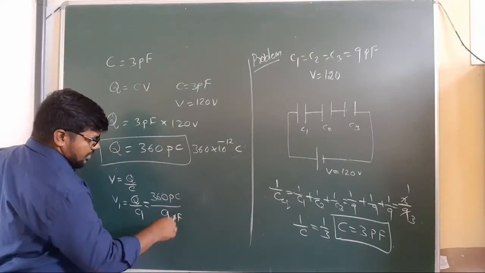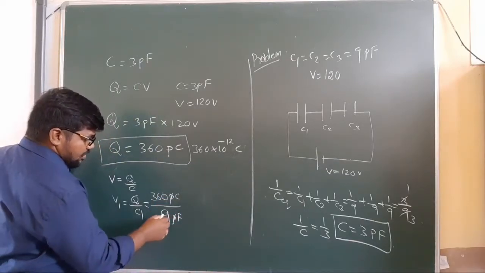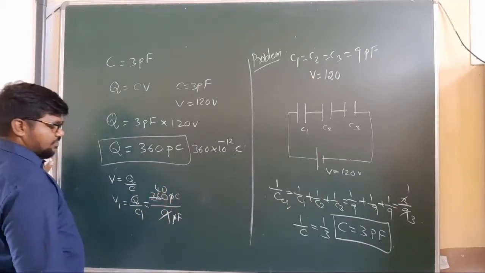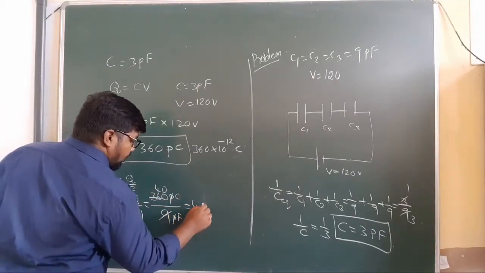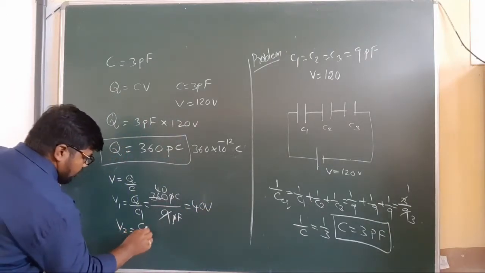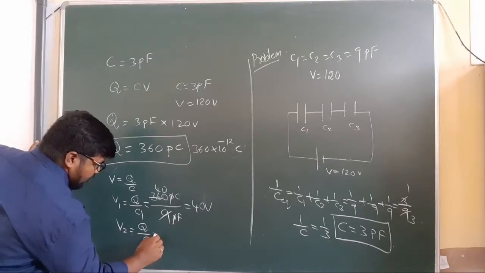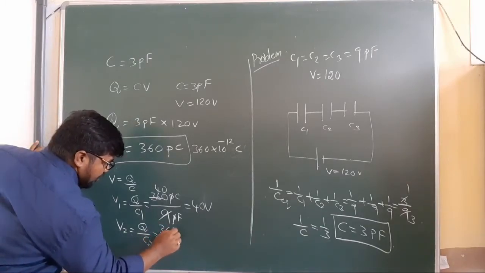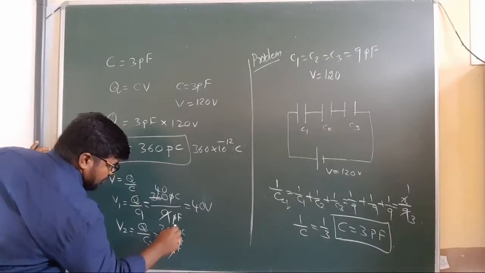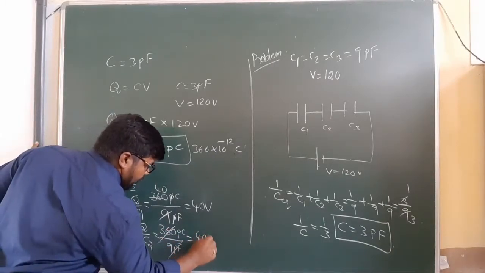Pico gets cancelled. 9 fours are 36, so 40 volts. Then V2 is equal to Q by C2. C2 has the same value, 360 picocoulomb by 9 picofarad, 40 volts.